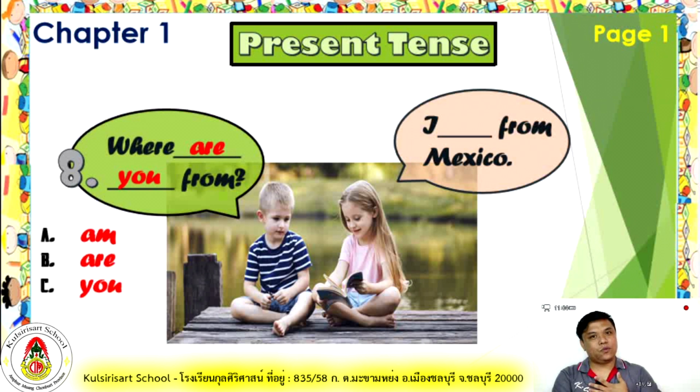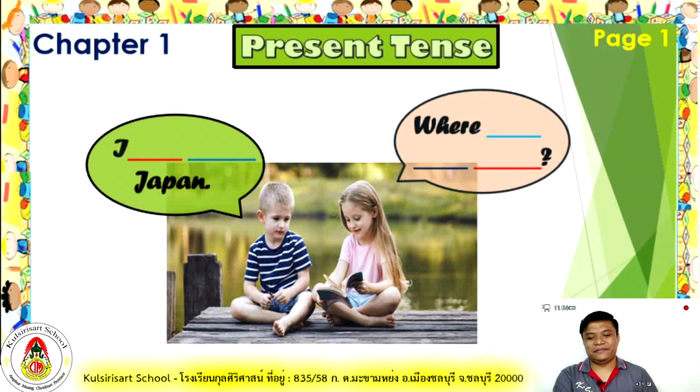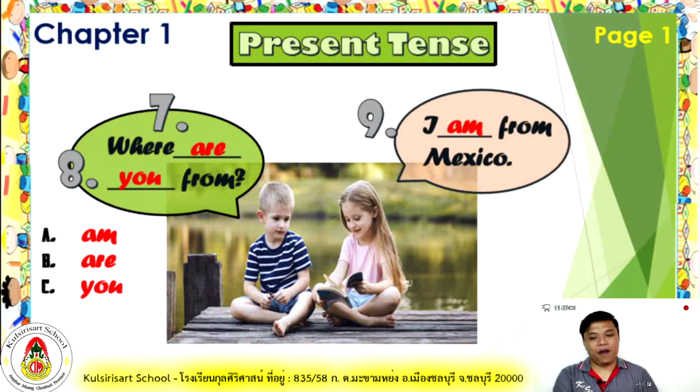For example, if I'm asked where I'm from, my answer is I'm from the Philippines. But here, Maria answers, I blank, number 9: I am from Mexico. Very good. So number 7, are. Number 8, you. Number 9, am. Where are you from? The answer would be, I am from Mexico. That is in the present tense.